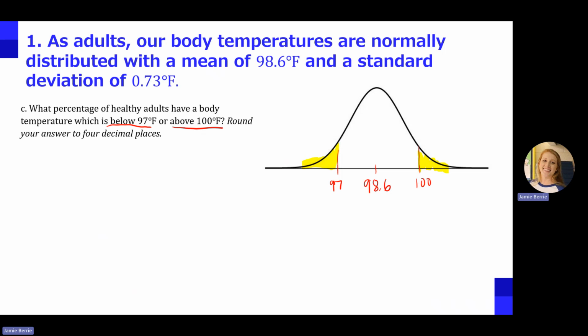And remember how we deal with the tails problems. There are a couple of ways you can approach it, but the quickest way is to say that your shaded area plus your unshaded area have to add to 100% or 1.